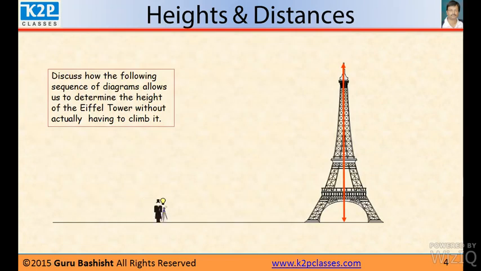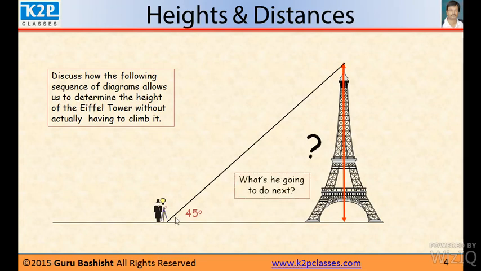Discuss how the following sequence of diagrams allows us to determine the height of the Eiffel Tower without actually having to climb it. Look, a person is sitting here and this angle is 45 degrees, and he has to find out the height of the tower.